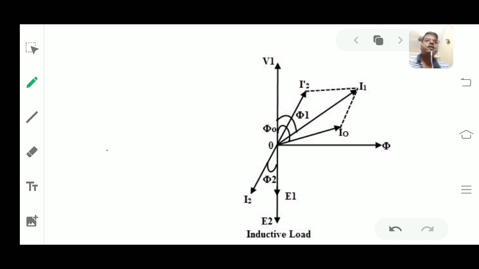Now let us have a clearer picture of the phasor diagram for inductive load, as you can see here.